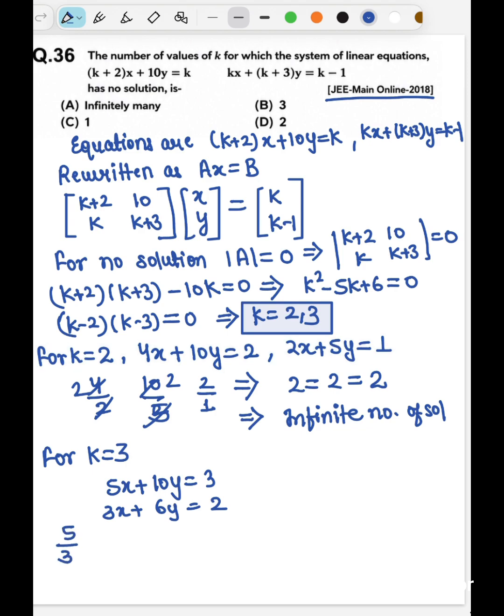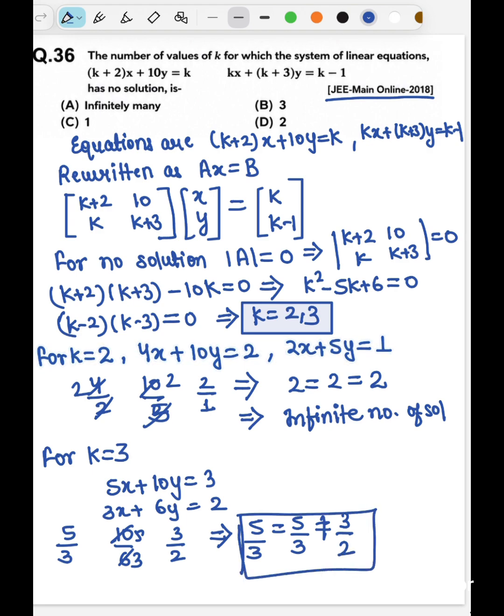This is 5 by 3, 10 by 6 which is also 5 by 3, and 3 by 2. So 5 by 3 is equal to 5 by 3 is not equal to 3 by 2, and this is the condition for no solution. So if k is equal to 3, then you get no solution, right? So the answer is k is equal to 3.